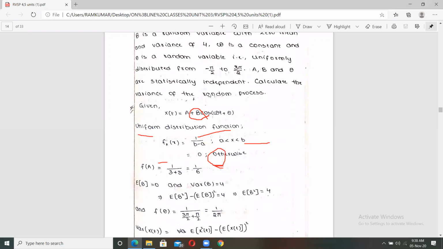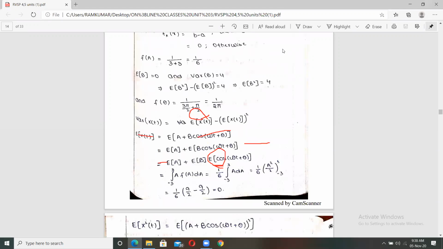The formula for variance of x of t is equal to e of x square of t minus e of x of t whole square, right? For that, we have to calculate e of x square of t and also e of x of t. We have to calculate both. First, we have to calculate e of x of t.